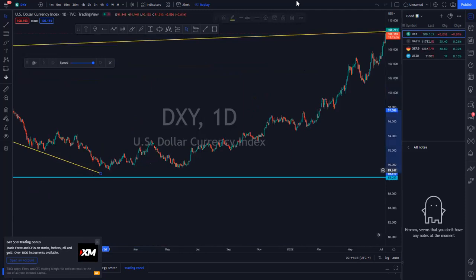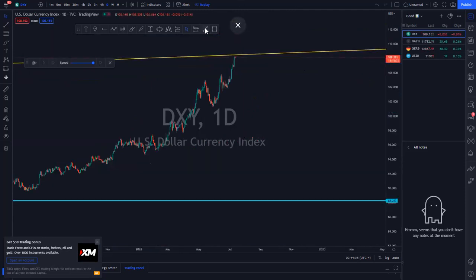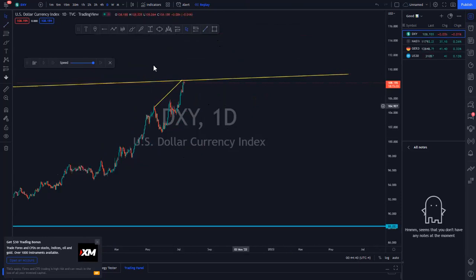So I can cancel the past analysis because now I have to focus on the current. On the current, we have one, two, and almost the third touch. But I could say I have two touches because the second one wasn't really a touch.